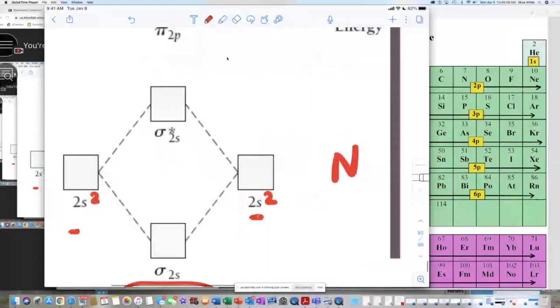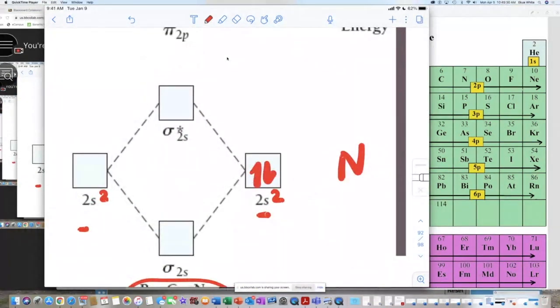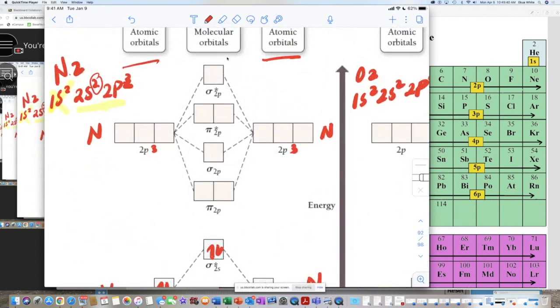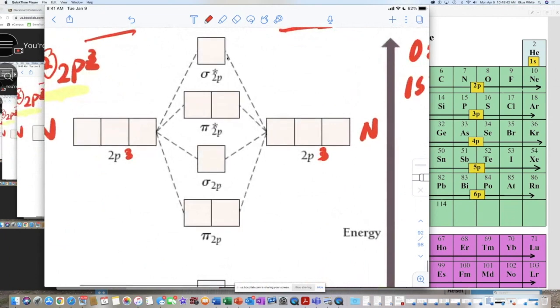Okay, so in here, I have up, down, 2 electrons. Up, down. So in the middle, I have 4 to place. Up, down, up, down. Okay, moving on up. Oh, by the way, let's examine what we have here. In the 2p sublevel, we have 1, 2, 3 orbitals. So we have a total of 6 orbitals.